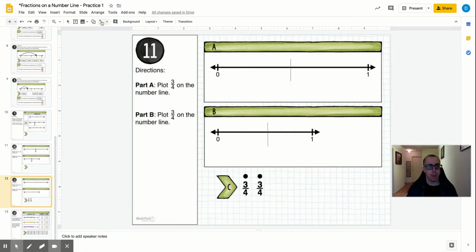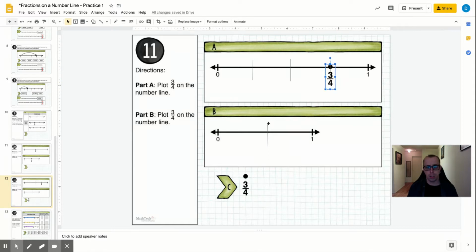So again, you can do this if you'd like. So then if I take this in half, that's 1/4, 2/4, and then if I divide this space in half, this is my 3/4 right here, okay? So you can do that to help you.